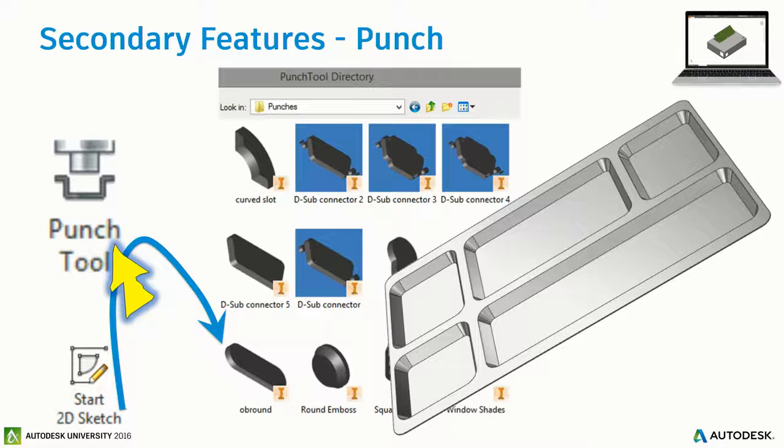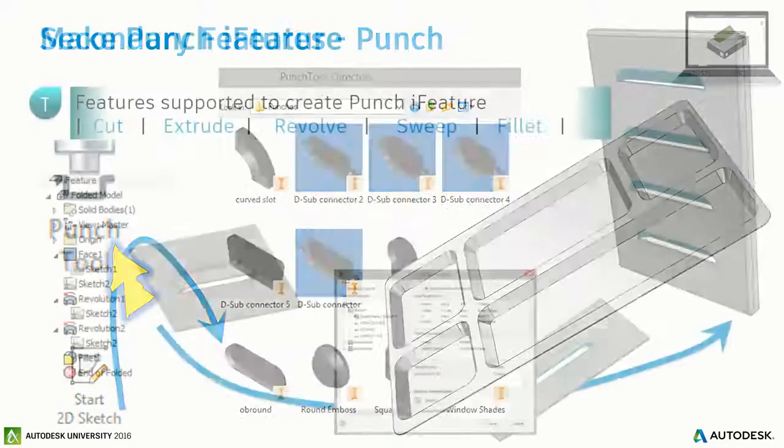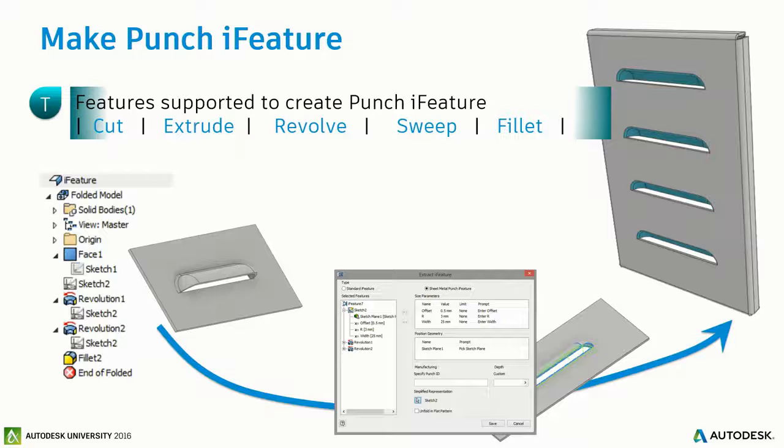We provided some existing simple punch tools there, and if one is qualified and you need it, you can just put it on your sketch point, and it's easy to create. But if you don't have the punch you need in the library, how do you create it?